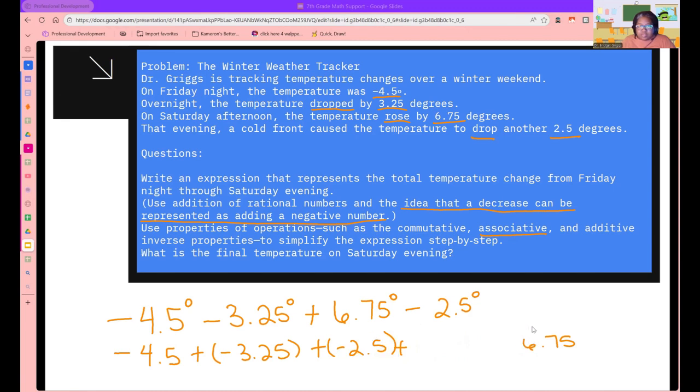And then I'm going to move this here. All right, now let's look at what we have.